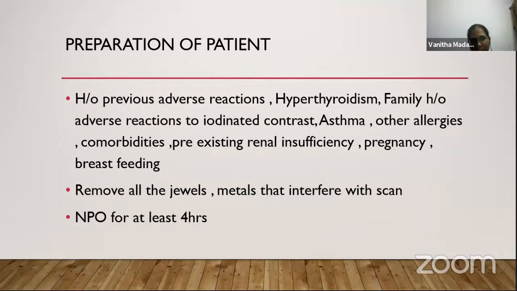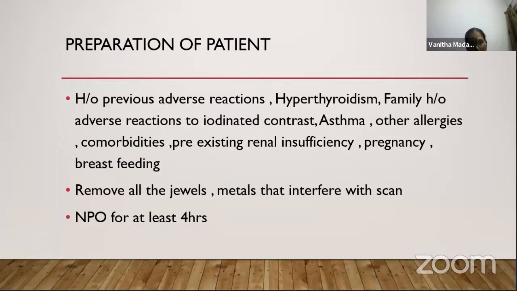So, preparation of a patient in case of administration of IV contrast: in history, we have to elicit whether the patient has undergone any previous scans before, and whether there were any associated adverse reactions to the contrast.